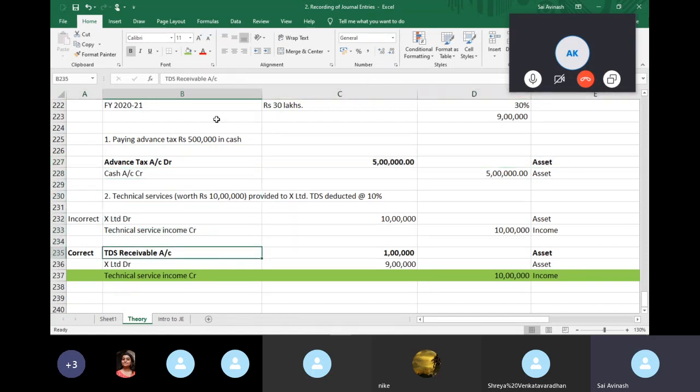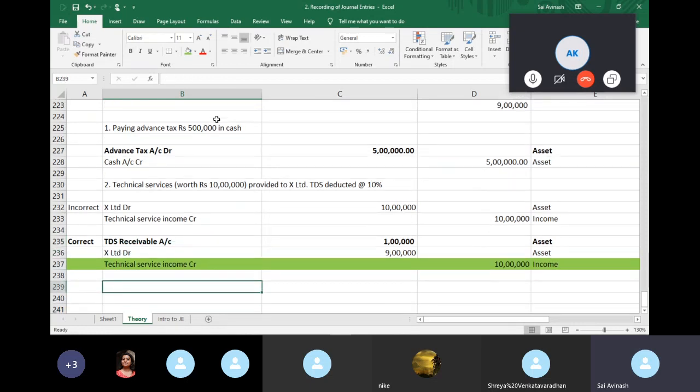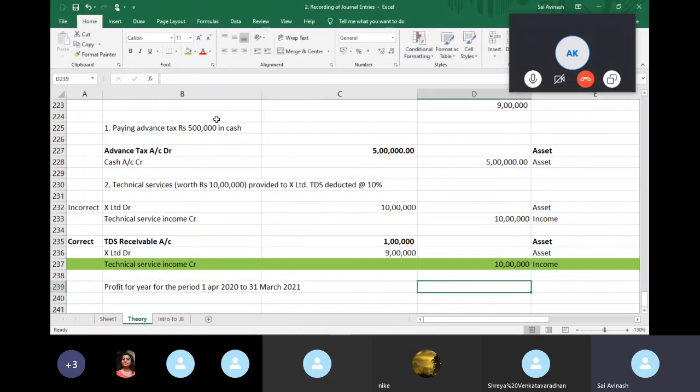At the end of the financial year, for the year ended 31st March 2021, you will finally calculate how much money you have actually earned. You will calculate how much tax you have to actually pay. So let's presume that profit for the period 1st April 2020 to 31st March 2021 is, let's say, 50 lakhs.